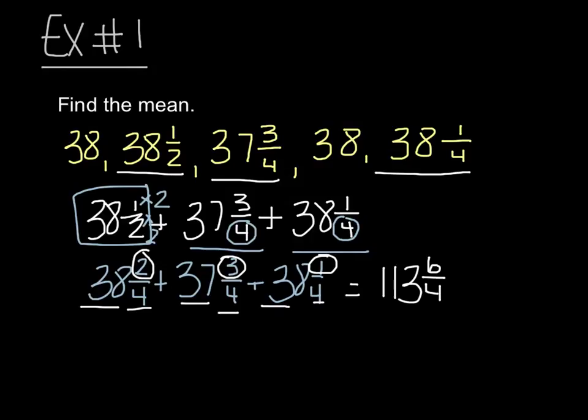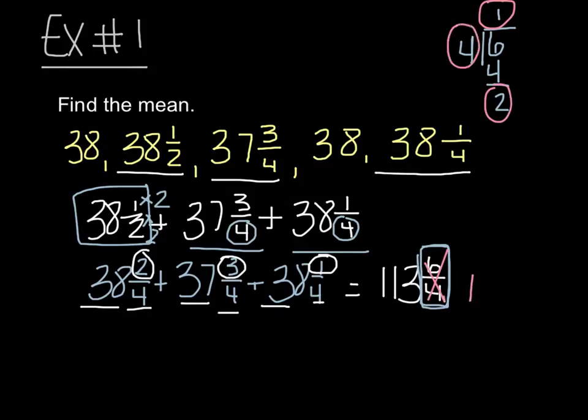Now 6/4 is an improper fraction, so we need to change that to a mixed number. To change that to a mixed number, we just divide it. 6 divided by 4. We're just looking at the fraction part right now. So our new mixed number for that is 1 2/4.